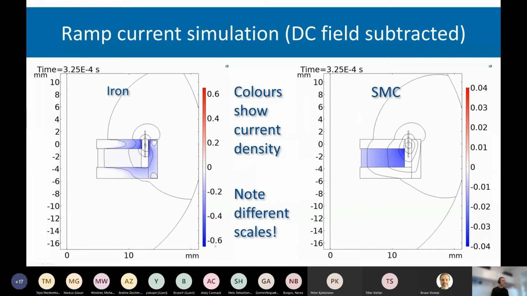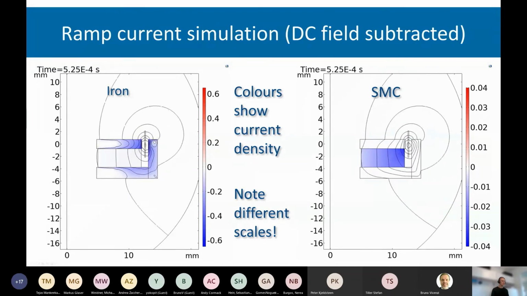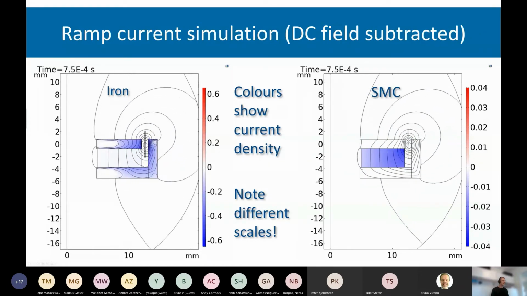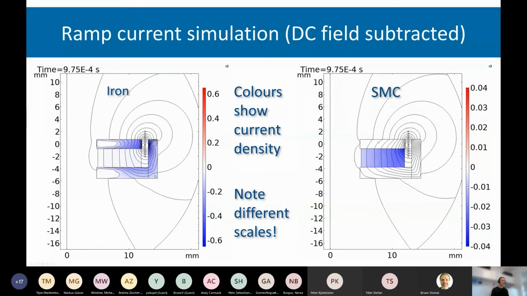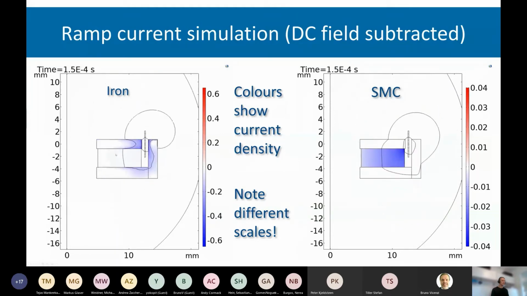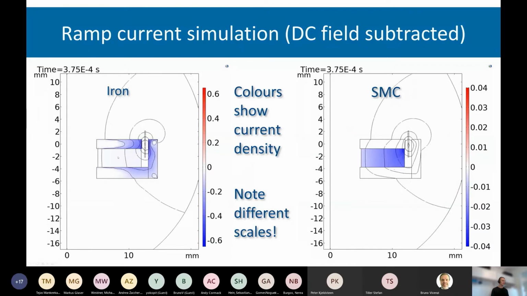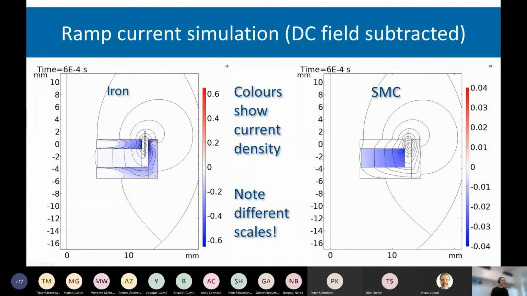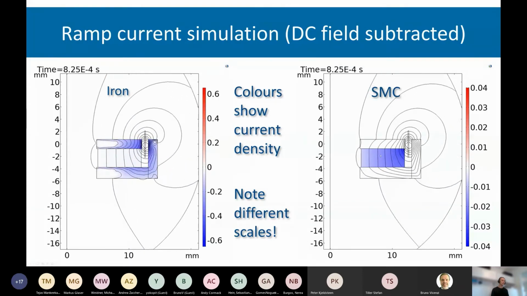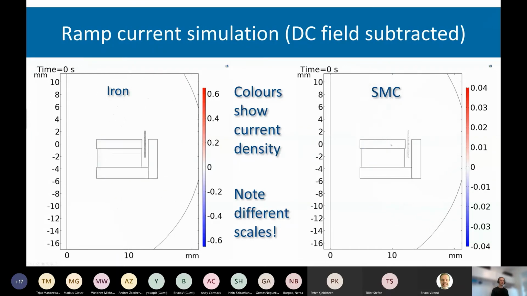You can see that the scaling is 15 times higher for iron. So this means that in the iron case you also have currents running in your magnet, but there's virtually no currents running in SMC.